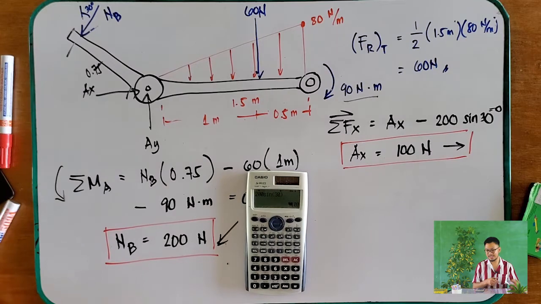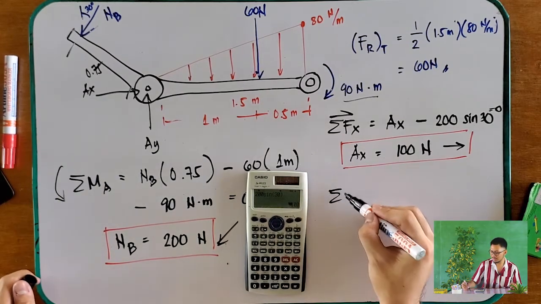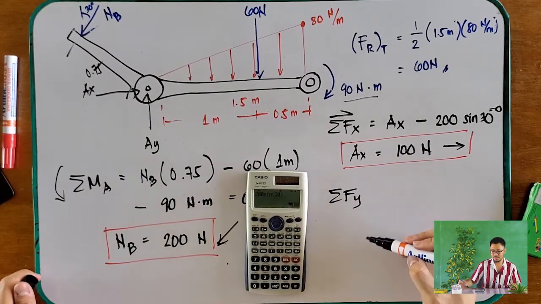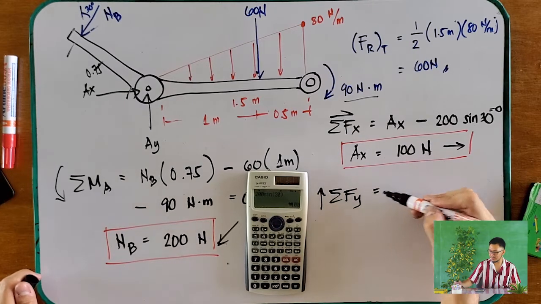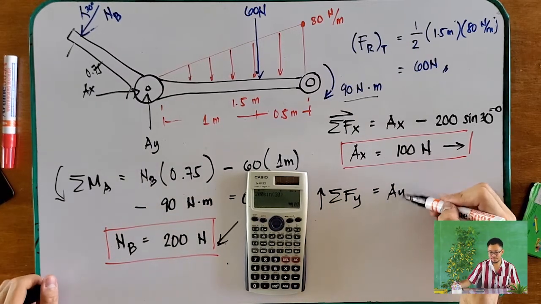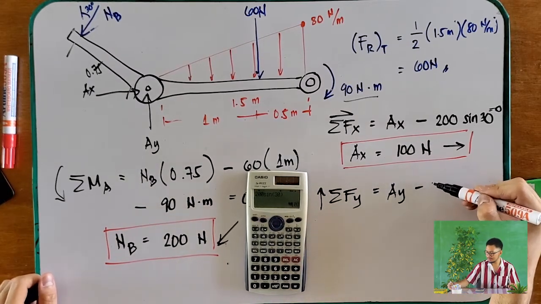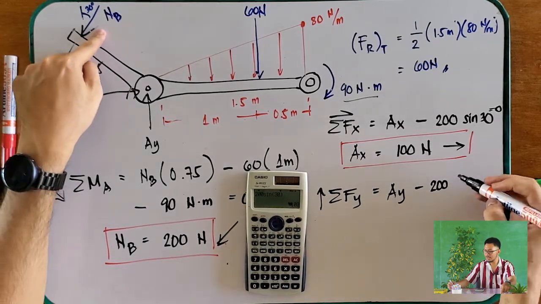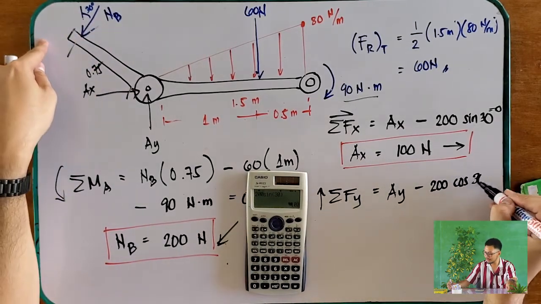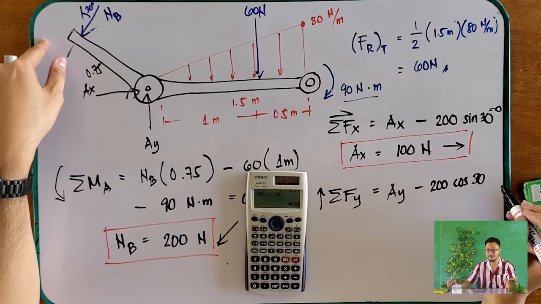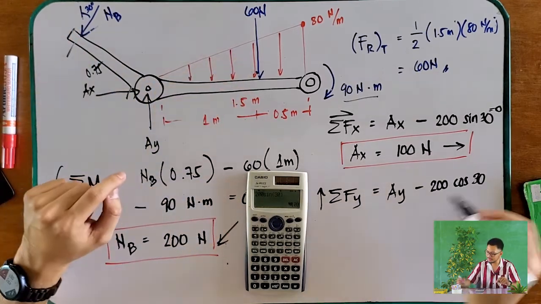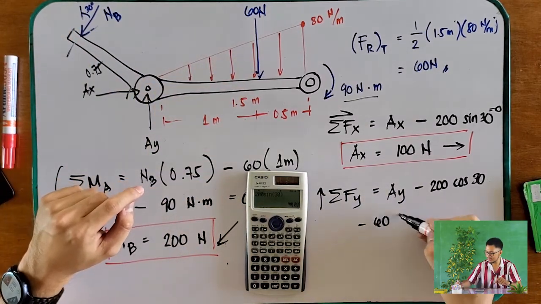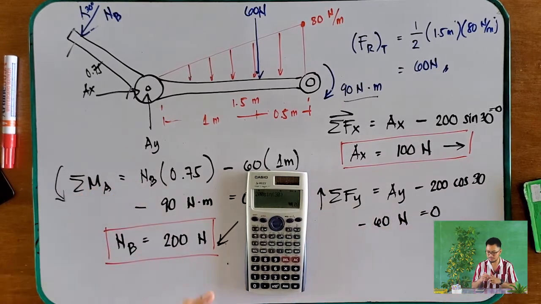And lastly, summation of forces along the Y going up is equal to AY minus 200, NB, cosine of 30. We still have another Y component, minus 60 newtons, is equal to 0.